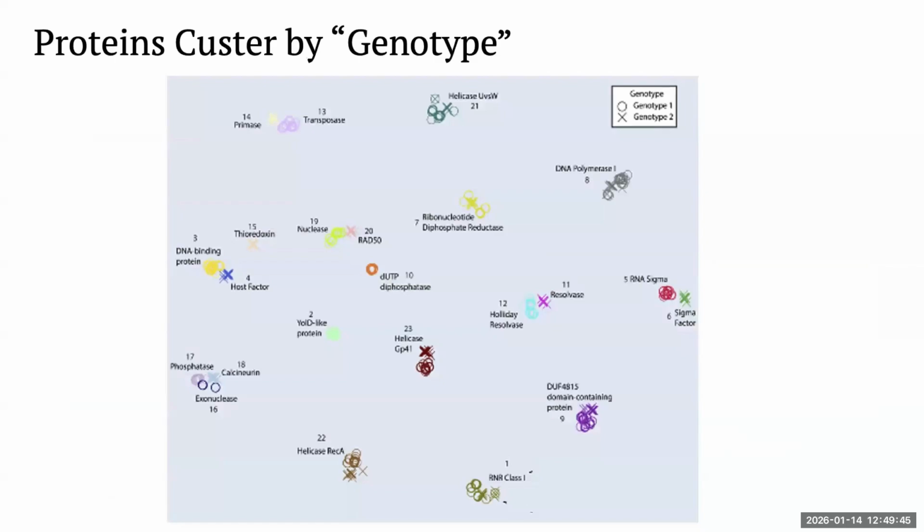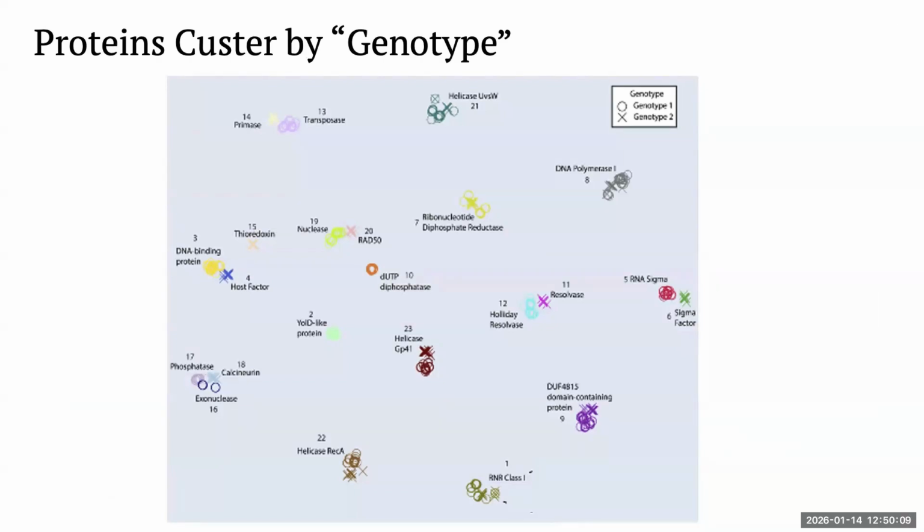And every single unit of a circle or an X is some sort of protein. What we're observing here is that all those observations that have the same color are a core function. So for example, the X and the O's here represent DNA polymerase 1.